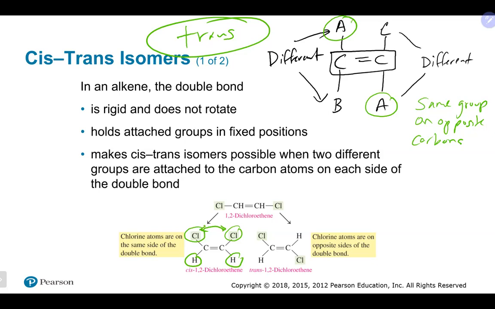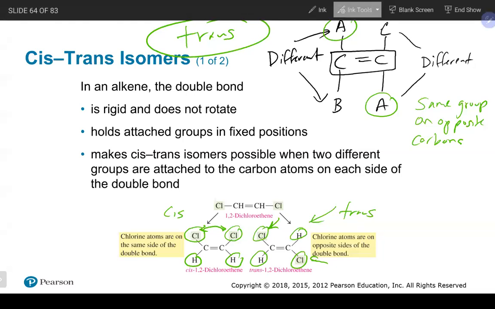In this case, they are on the same side, and that would be the cis isomer here on the left. Same thing here: we have different groups, and again the same group, the chlorine, on opposite sides. This one would be the trans isomer. First off, any questions on that?